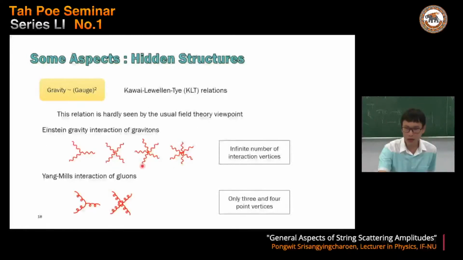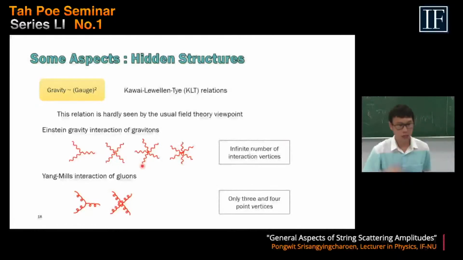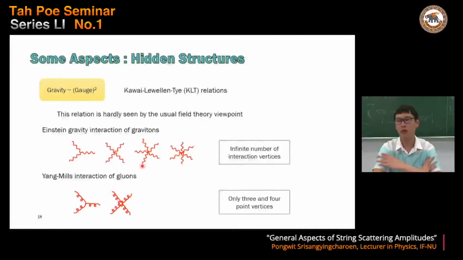Next I'm going to talk about the structural aspects of the string scattering amplitude. The string scattering amplitude can provide a structure between amplitudes, and this structure can be very elusive from the field theory viewpoint. For example, there is a very famous known structure called the KLT relation, named after Kawai, Lewellen, and Tye.